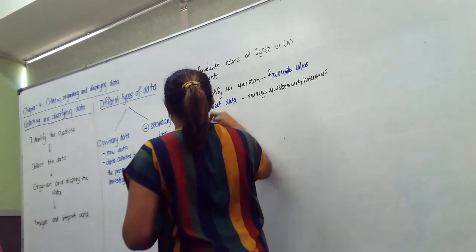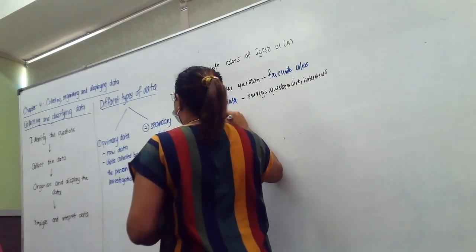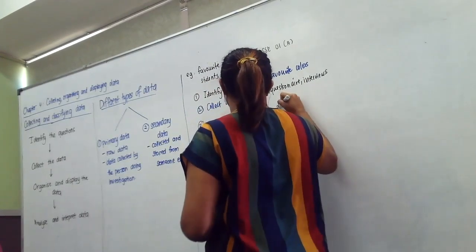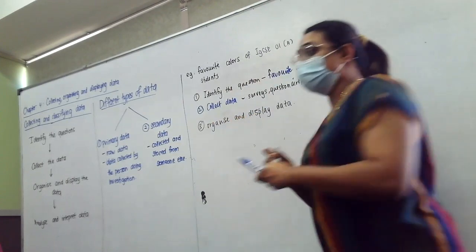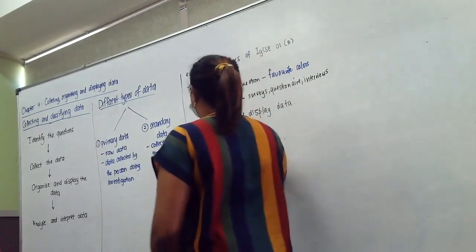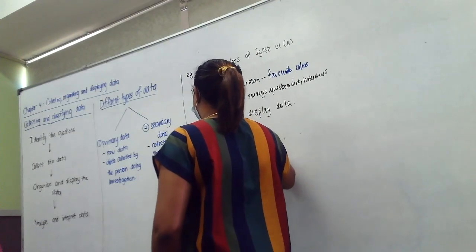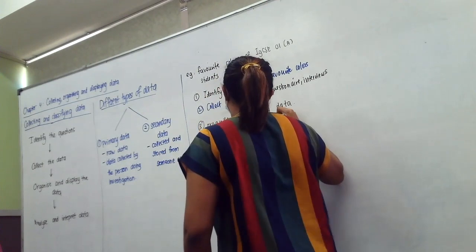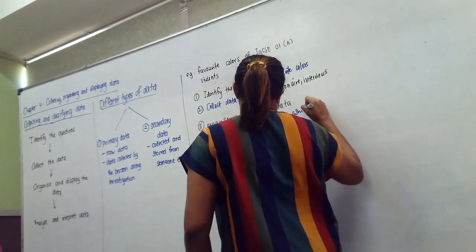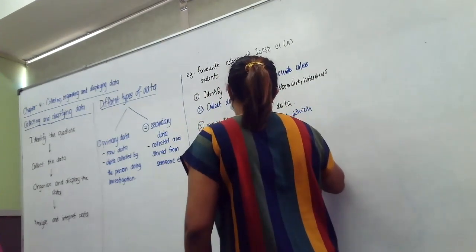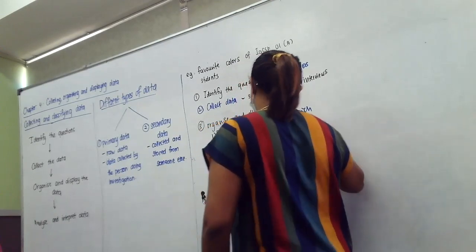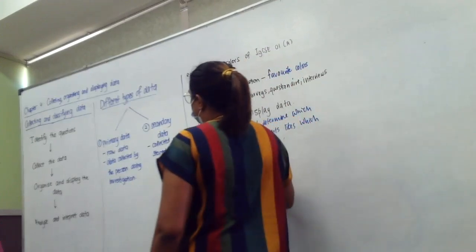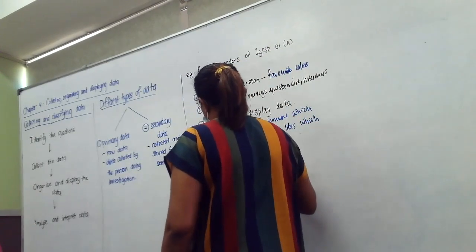The third is you organize and display your data. Once you have found out all the data, you can do a frequency table to determine which student likes which color. After that you display your data.